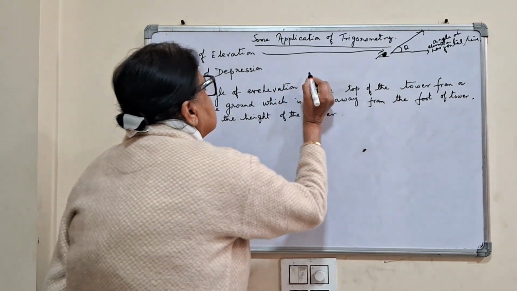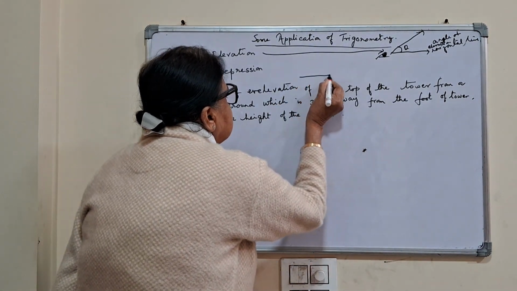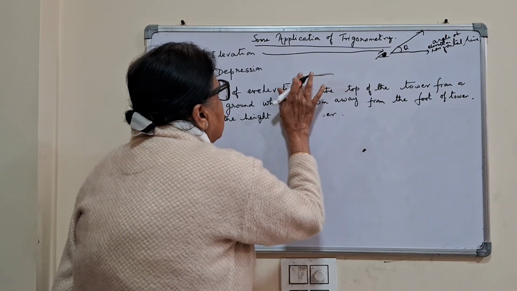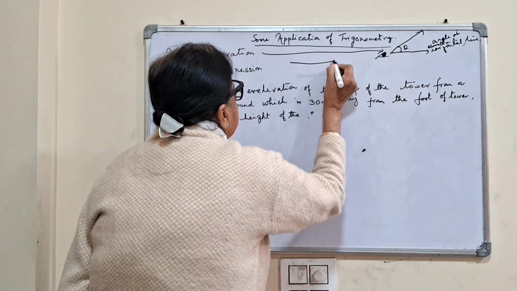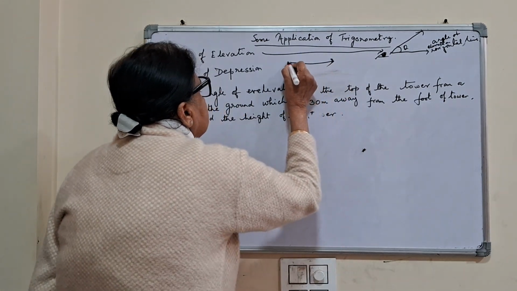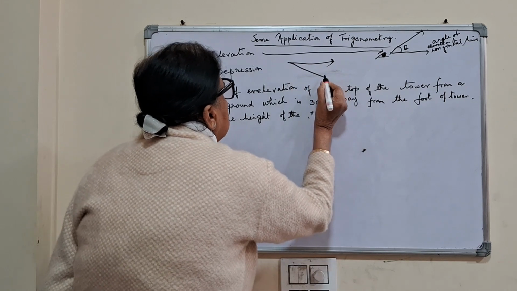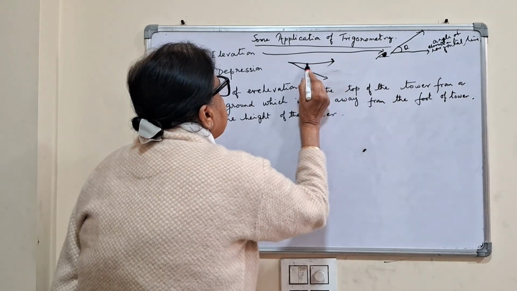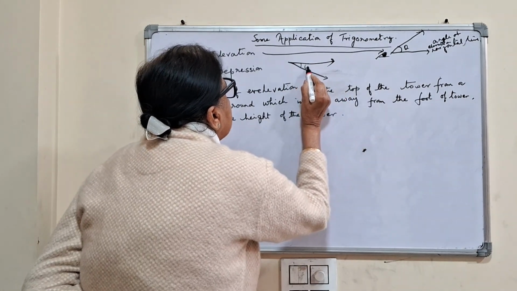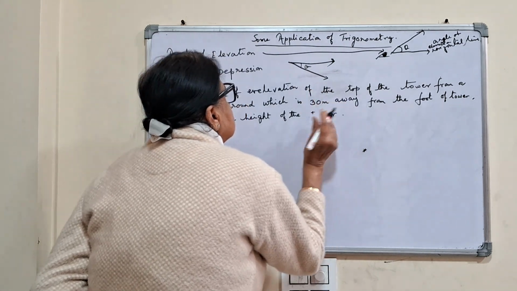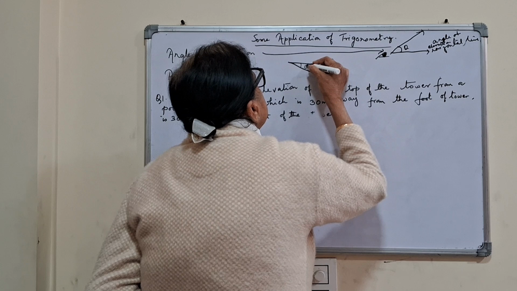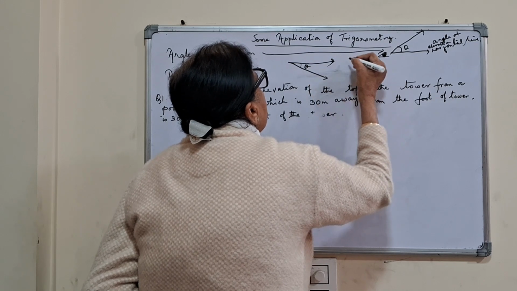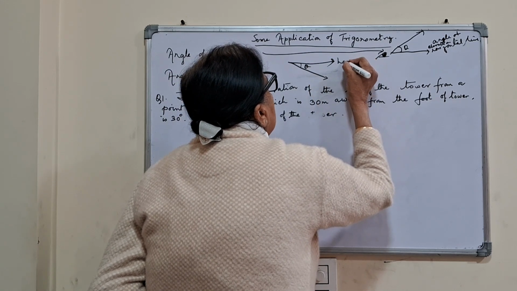Angle of depression is this. This is my horizontal line, and I am looking here. That is angle theta again. This is angle theta again, and this is the horizontal line.